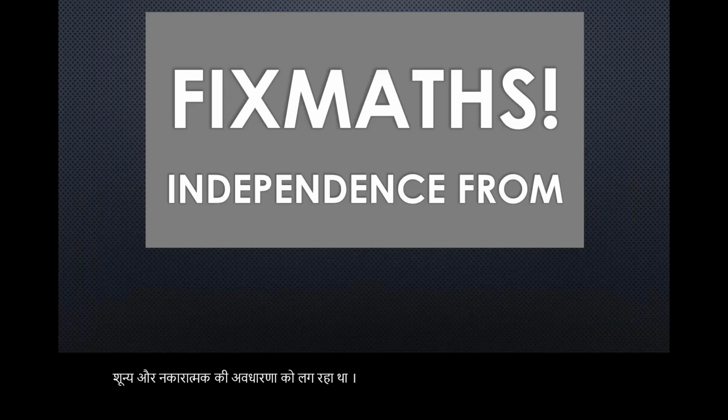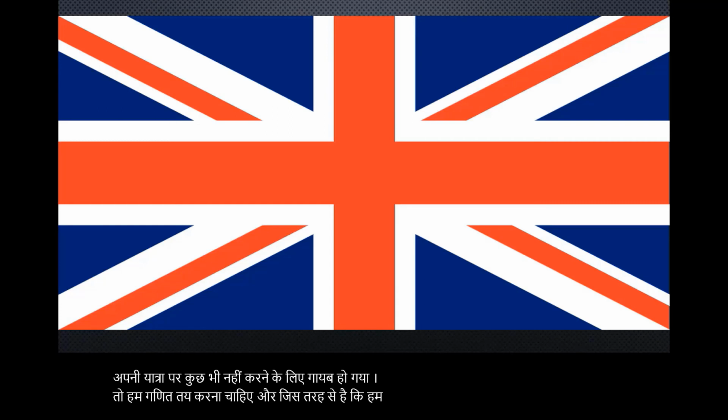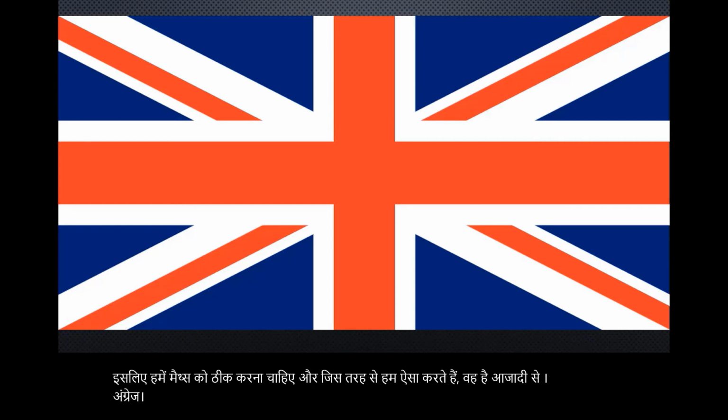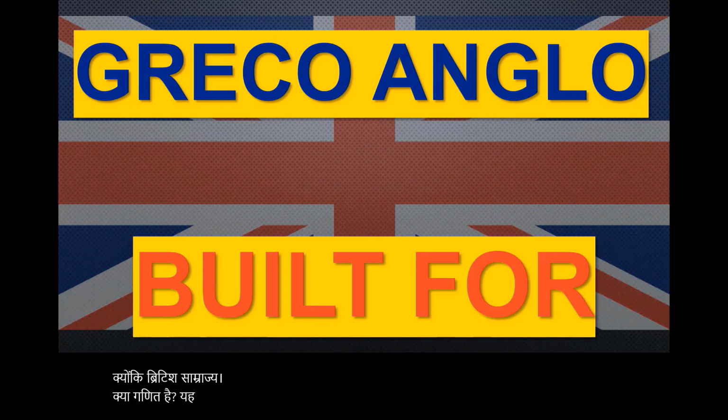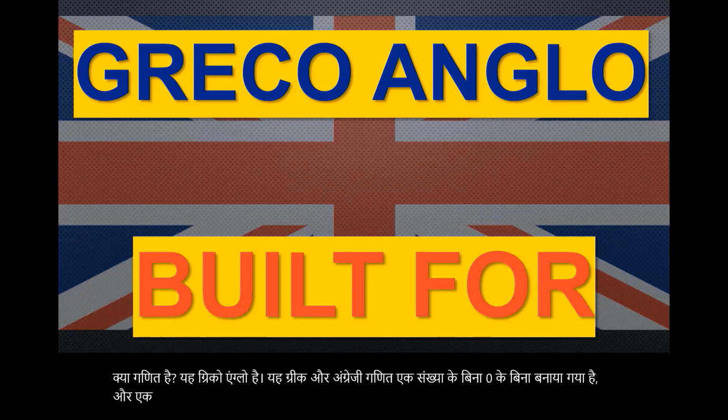And the way that we do this is to have independence from the British. Because the British Empire is their mathematics. It's Greco-Anglo. It's Greek and English mathematics, built without 0, without 1 as numbers, and built without a concept of symmetry with positive and negative mediated by a 0.